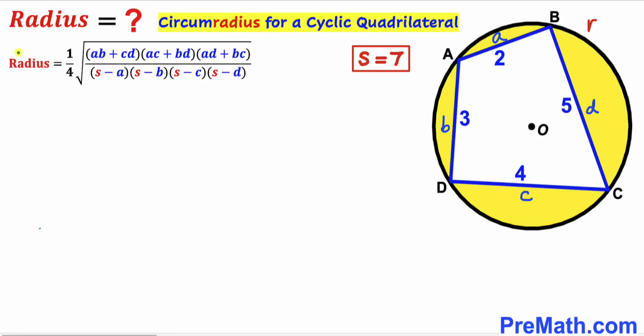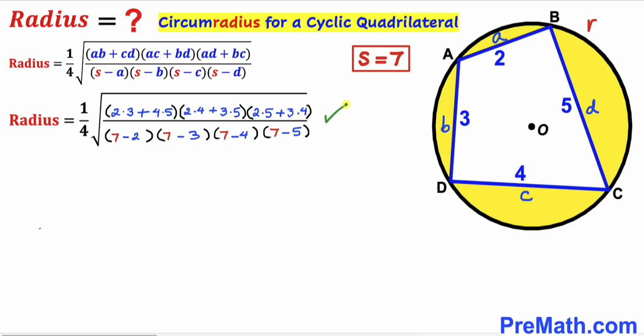Now we are going to calculate the radius of this circle by filling in the blanks of a, b, c, d. We know our s value is 7. In this formula, I replaced a with 2, b with 3, c with 4, d with 5, along with s as 7.